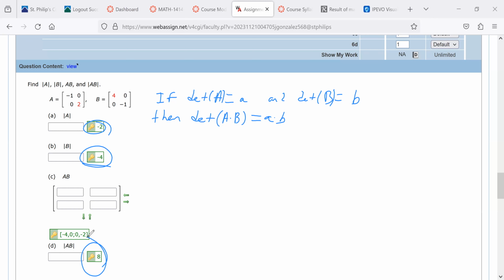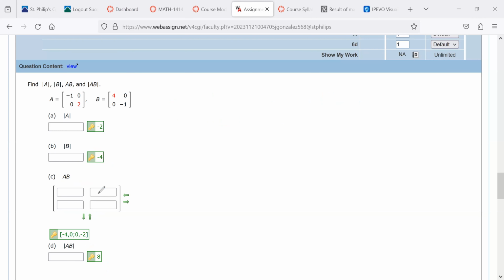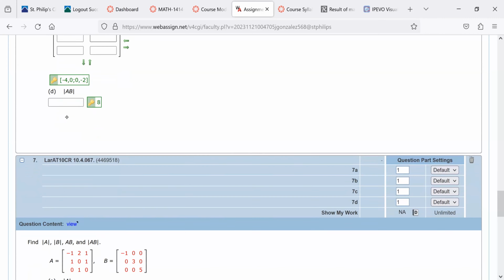So all you gotta do is find each one separately, and then this one just becomes a product. They do want you to multiply the matrices technically. That's what this is right here. But you can multiply them row by column if you like, or use any kind of technology. But that's pretty much it.